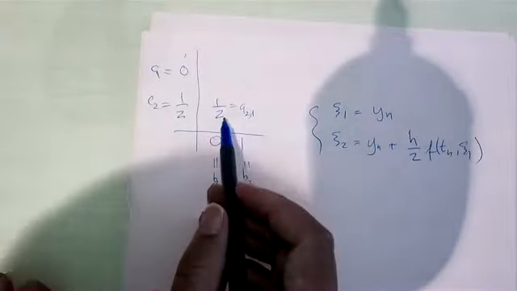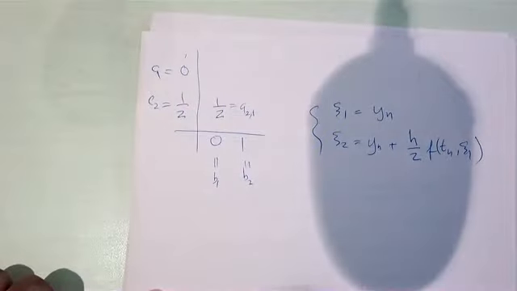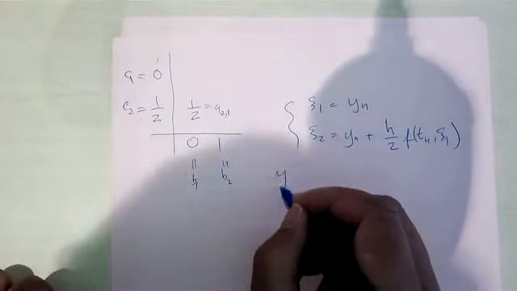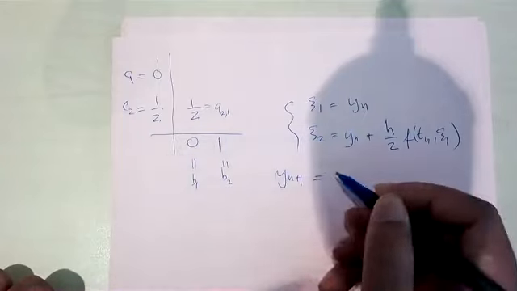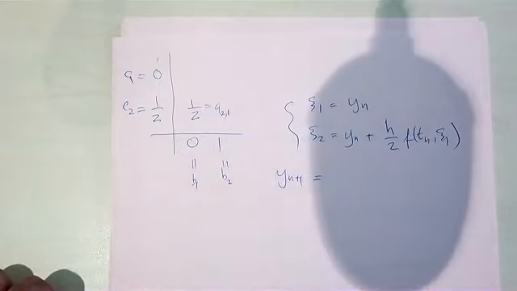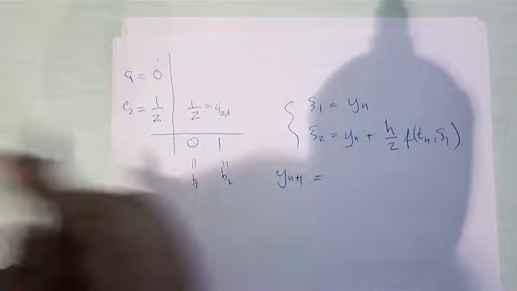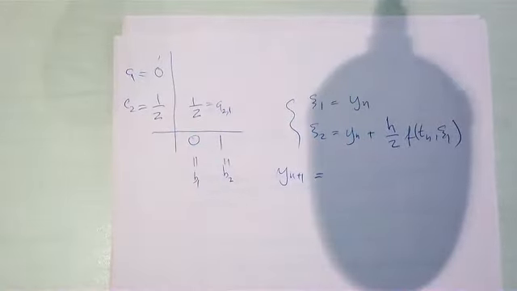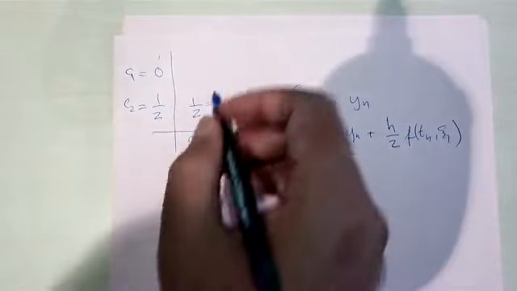You read off the coefficient from here, comparing with this formula. And then you have yn plus 1, so you stop at xi2, right? Because there are only 2 rows. The number of stages is the number of rows in the table.